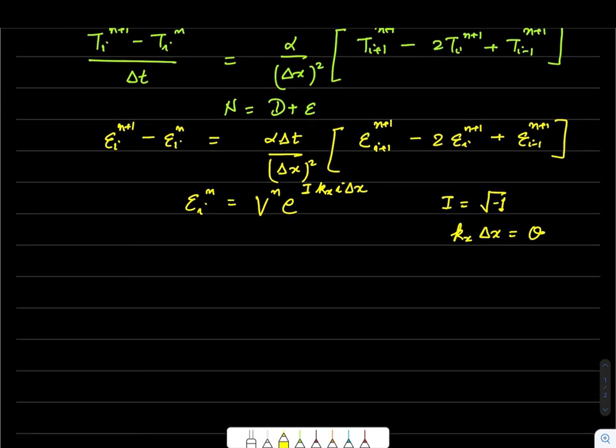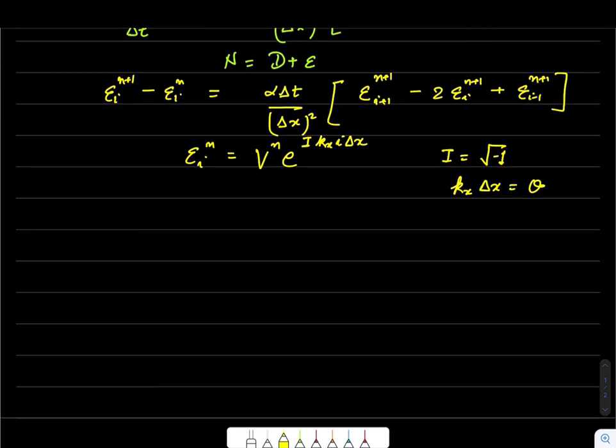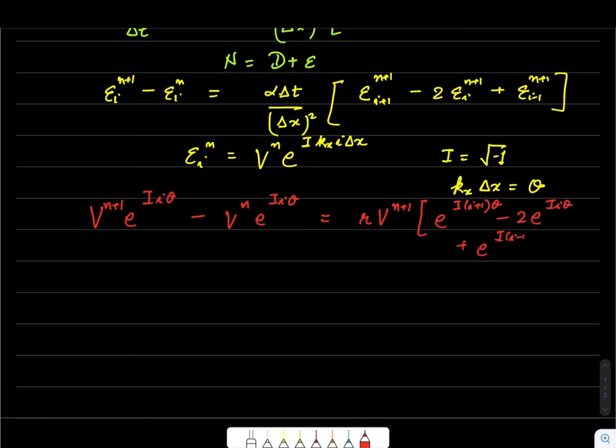So now what we get is V n plus 1 e I theta minus V n e I theta equal to r V n plus 1 into (e I of i plus 1 theta minus 2 e I theta plus e I of i minus 1 theta), where I've taken out V n plus 1 because that is a common factor on the right hand side.